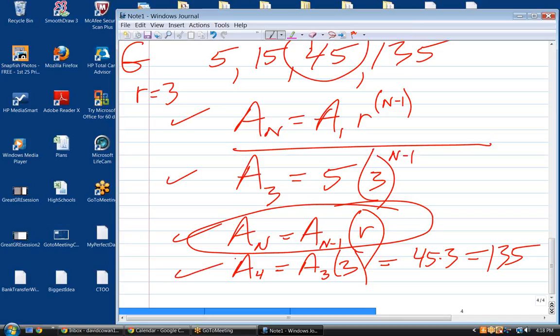And specifically for ours, a sub n is equal to a sub n minus 1 times 3, because we know the common ratio is 3.